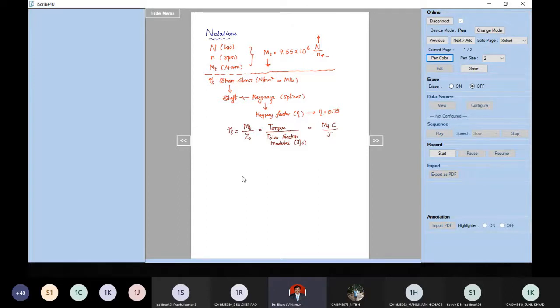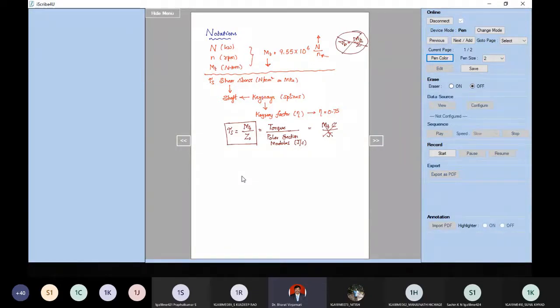Now the formula to find the shear stress is Mt by Z0, so Mt is the torque divided by Z0. If it is bending stress, sigma b, I would have told in the class Mb by Z. So tau also is Mt by Z0.